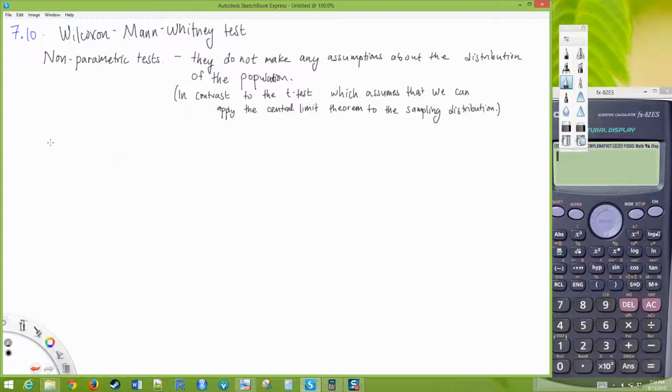Okay, and so the Wilcoxon Mann-Whitney test, which I'm going to abbreviate as WMW test, can be used in the same situations as the t-test for independent samples.